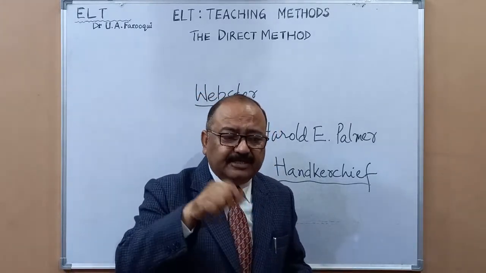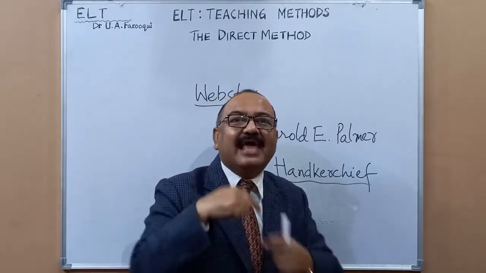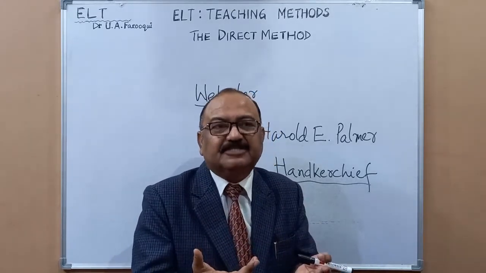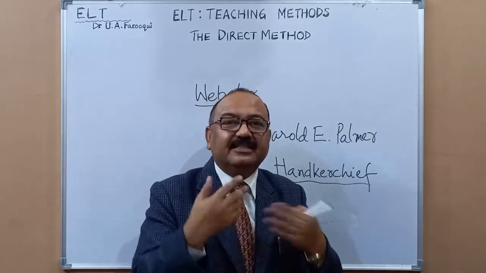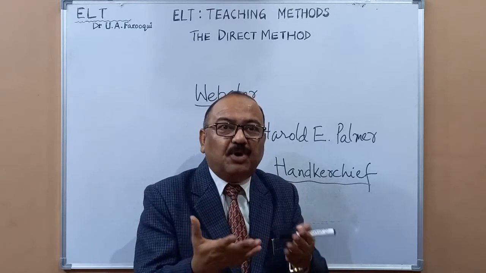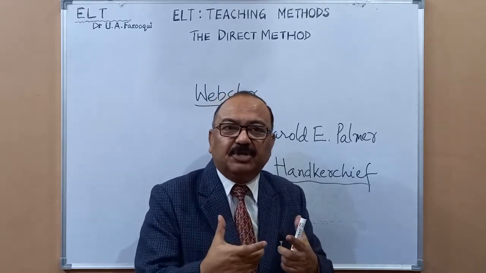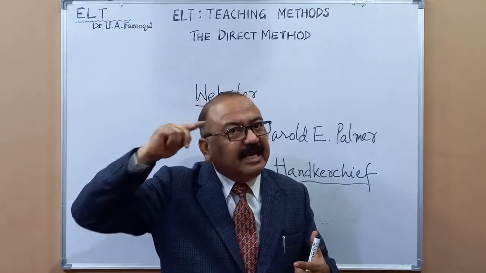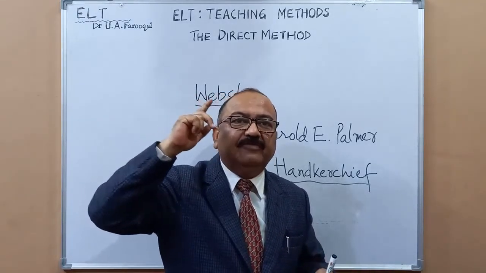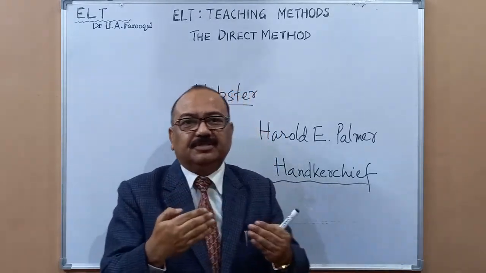In the translation method, as you saw, students first think in the mother tongue, then they express themselves in English. So there is no bond there. Whereas in the direct method, there is a bond between thought and expression. Why? Because they are thinking in the target language, that is in English, the foreign language, and they are also expressing themselves in English. So there is a direct bond.